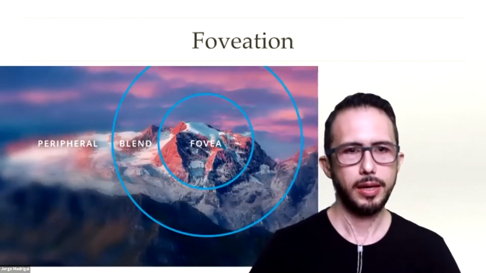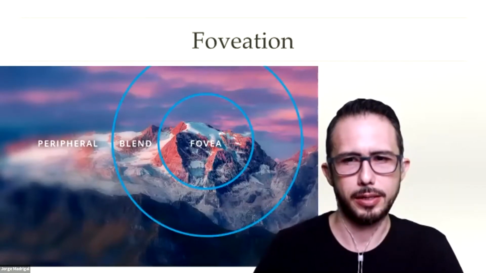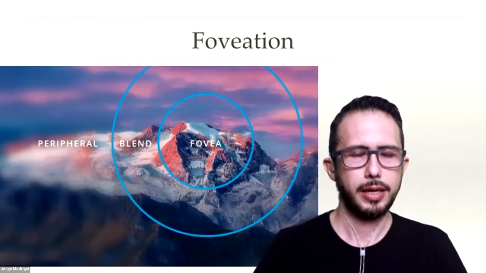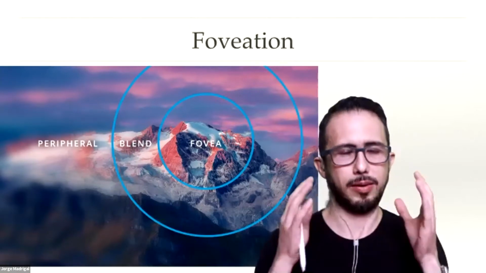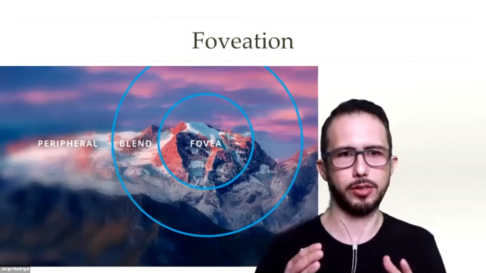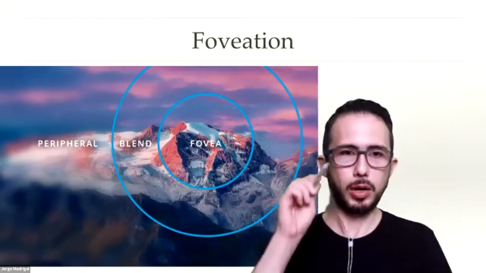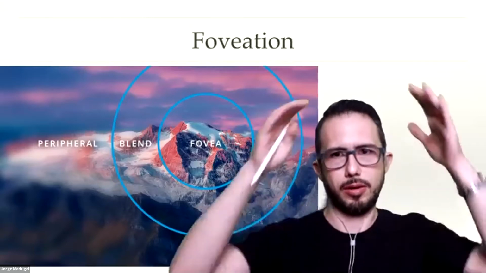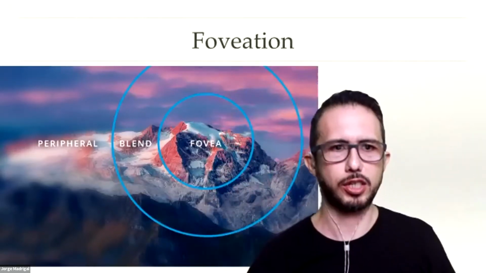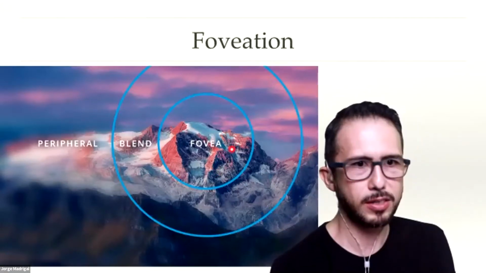So, as we saw with Nicola's lecture and with Leonel Luis' lecture, the main purpose of the vestibulo-ocular reflex is to have foveation when our head is moving. That's because when we see an object or image, we see very clearly in the part of the fovea.